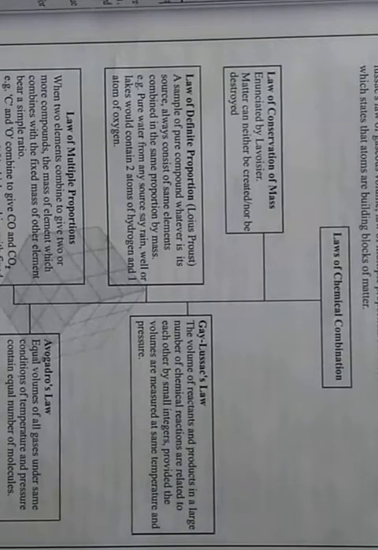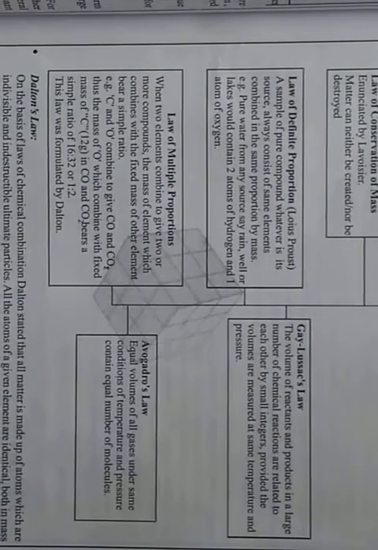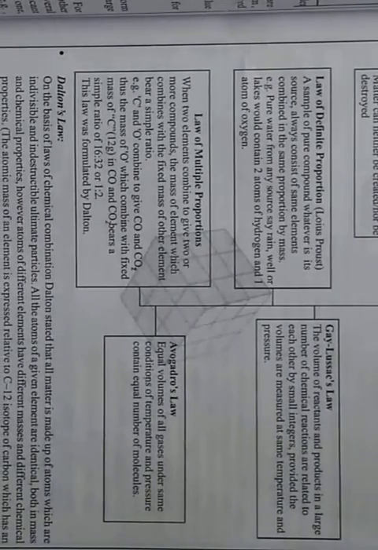The first is the law of conservation of mass, given by Lavoisier: matter can neither be created nor destroyed. It means it can be converted from one form to another. The second law is the law of definite proportion, given by Louis Proust. A sample of a pure compound, whatever its source, always consists of the same elements combined in the same proportion by mass.